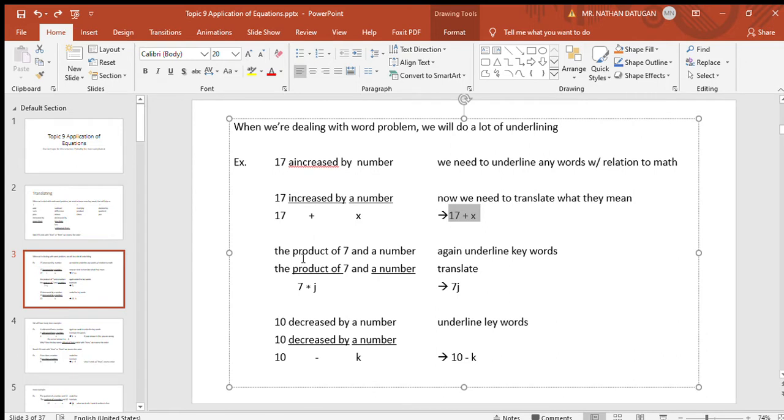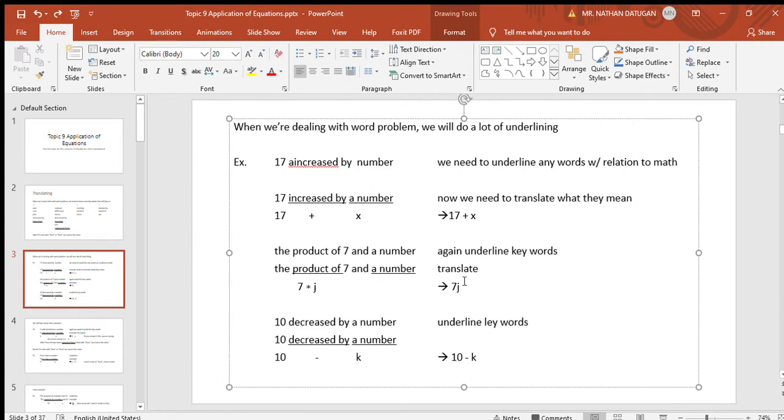Now let's move on. The product of 7 and a number. Again, we're going to underline the keywords, product of and a number. Well, product is multiplication and a number is a variable. In this case, we put j. So what we're basically doing is multiplying 7 and j. 7 times j, or we can even shortcut that into just 7j.